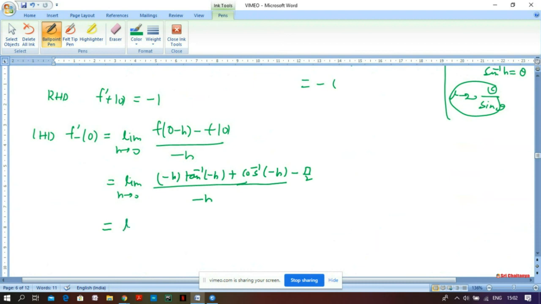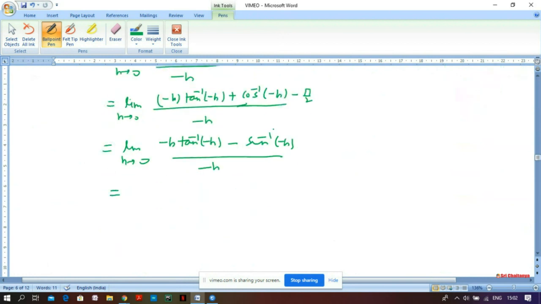That again gives the limit as h tends to 0 of negative h tan inverse of negative h. This cos inverse of negative h again is negative of sine inverse of negative h, upon negative h.